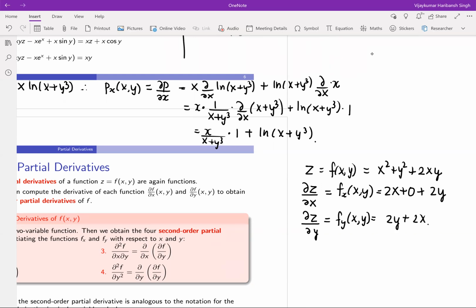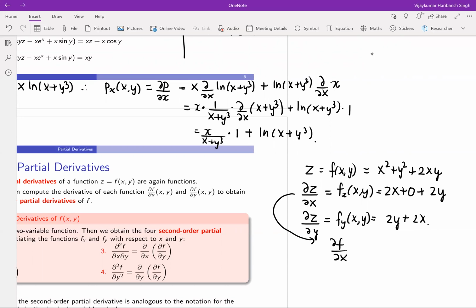Now note that the partial derivative of z with respect to x is also a function after all, isn't it? It's 2x plus 2y. So if it is a function, nothing is stopping us from taking a derivative of it again. So you can take another derivative of this guy. So I'll write it as the partial derivative of f with respect to x.